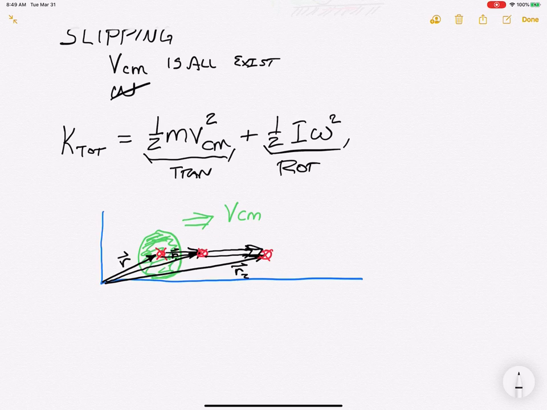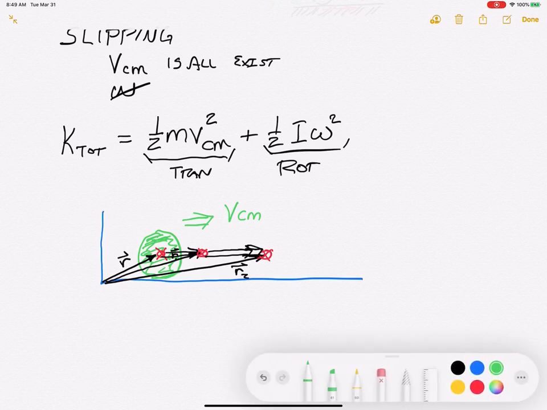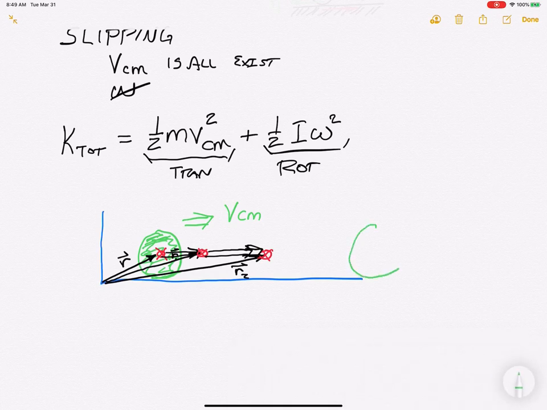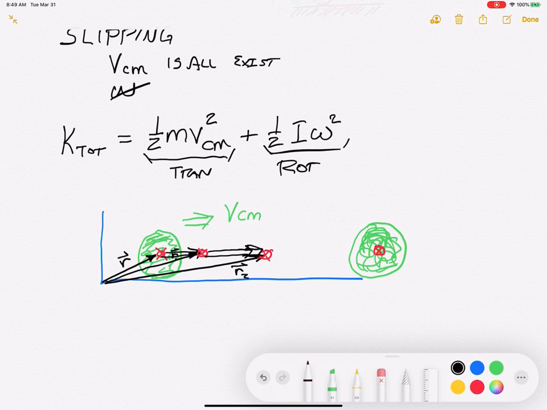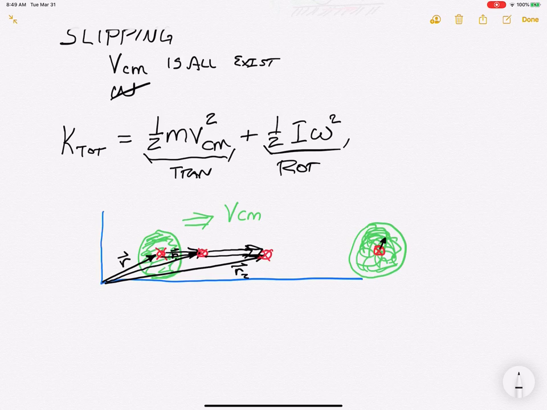However, the wheel can be rotating. As the wheel turns about that center of mass, let's draw the vectors to each and every chunk of mass in this disk.